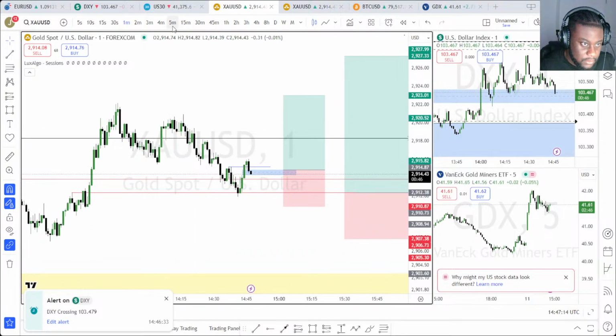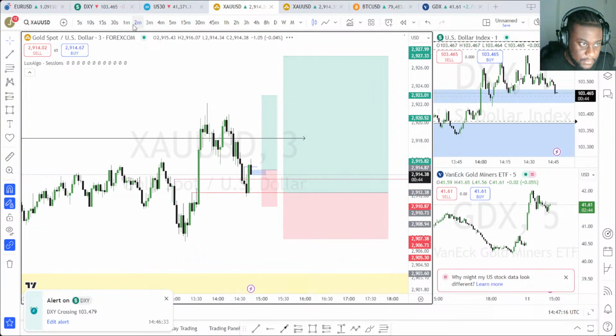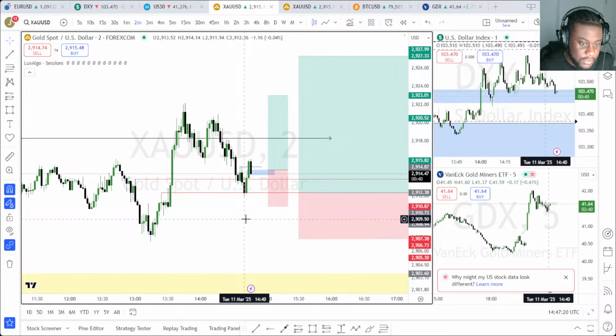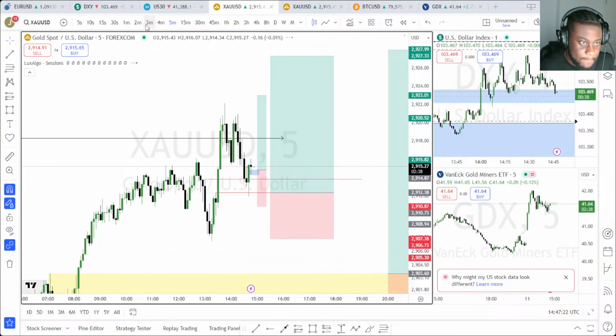Alright, let's see how this goes, yeah? We're in a couple of these moves. Finding a re-entry inside of here is a little bit tricky, but I do see a little something, so I'm just going to play that and see how it goes. There's no point in overcomplicating this. If we see something, we're going to go in.